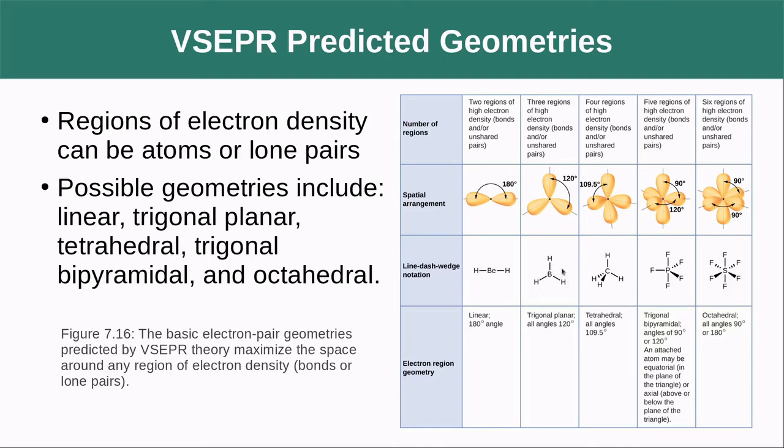So it's all on the same plane. Then once we have four, now we're getting into three-dimensional structures, such as the tetrahedron here, where this hydrogen is in the back and this one is in the front. If you guys are having trouble picturing any of these, I suggest you go and Google tetrahedron, which is a shape, and you'll see exactly what this is here.